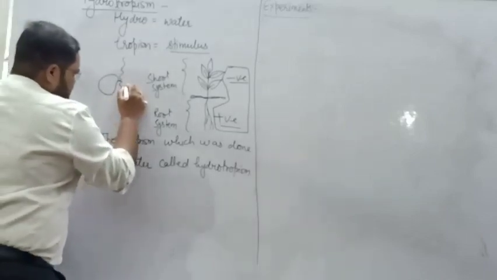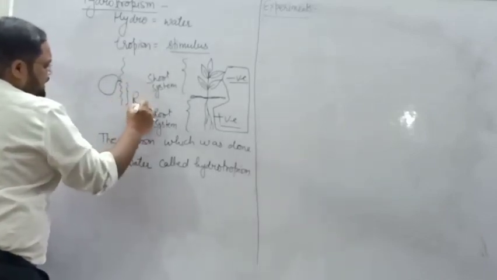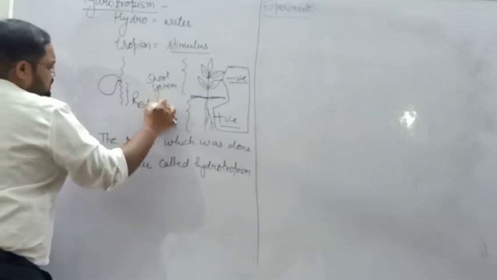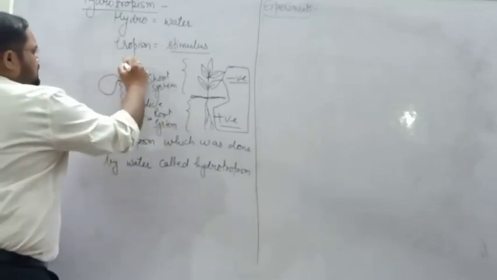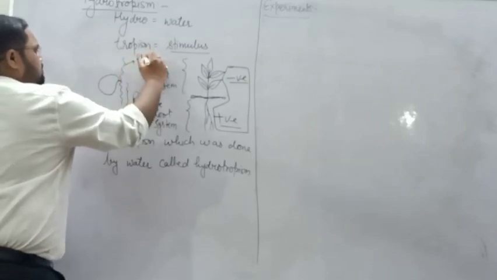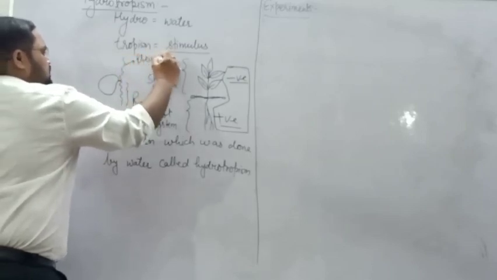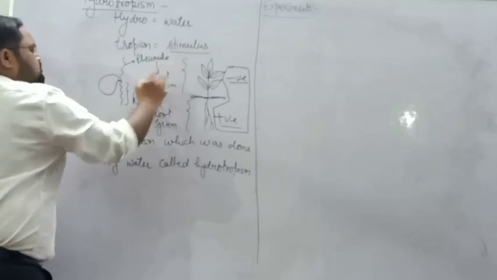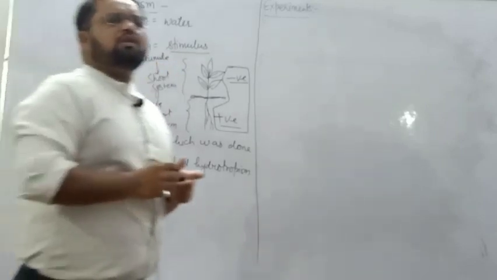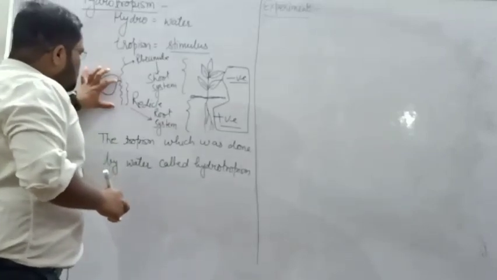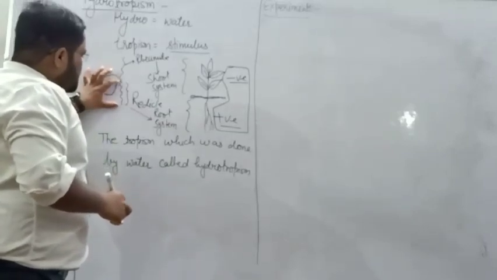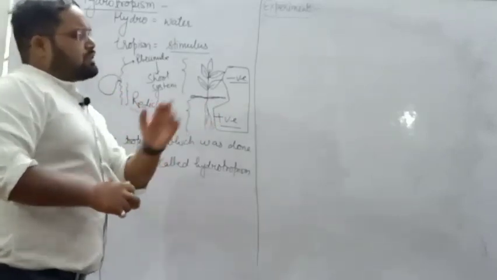This is called the radicle, which later forms the root system. This is called the plumule, which later forms the shoot system. This point should be clear. It means the radicle will move toward the side where the water is present.